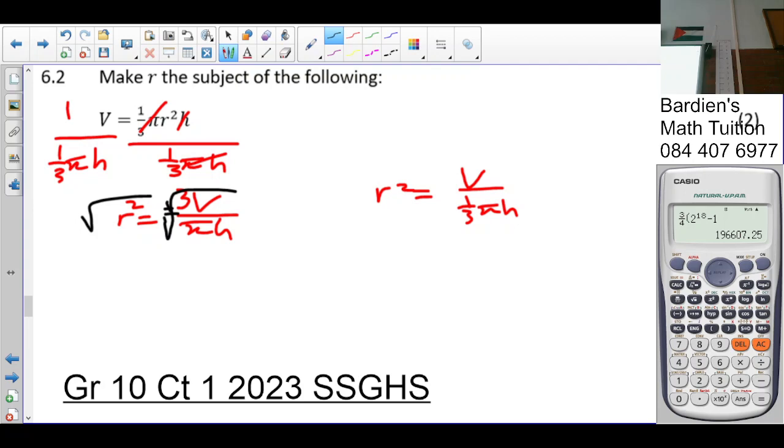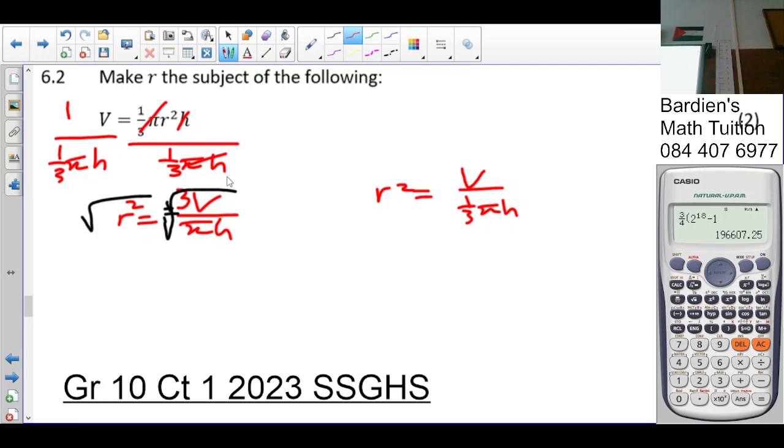But you see that this is actually the volume of a cylinder. No, a third pi r squared h is the volume of a conical shape, a cone. Okay, it's actually the volume of a cone. So your radius is the length from the center to the circumference of the circle.